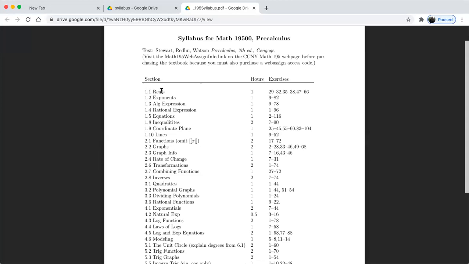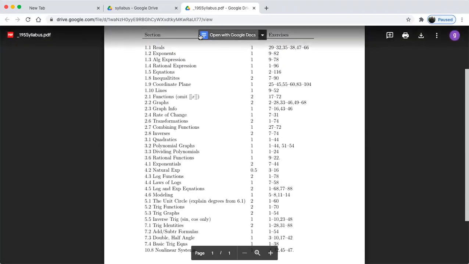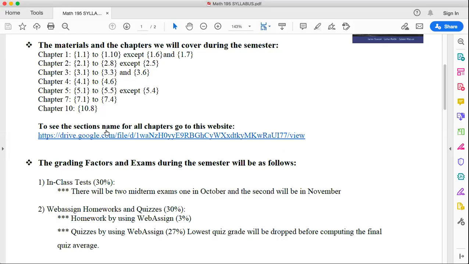So for section 1.1, it's the real numbers, 1.2 exponents, 1.3 algebraic expressions, 1.4 rational expressions, 1.5 equations, inequalities, coordinate plane, lines, functions, graphs, rate of change, and etc. By clicking the link I showed you, you can see the names of the sections.